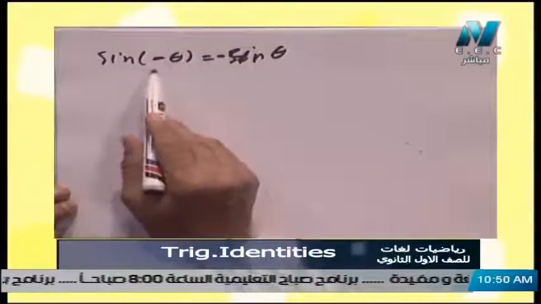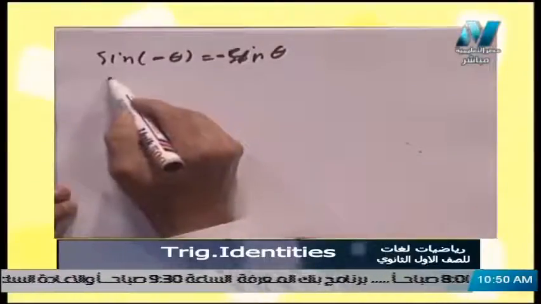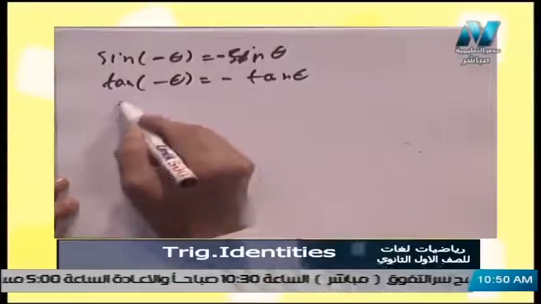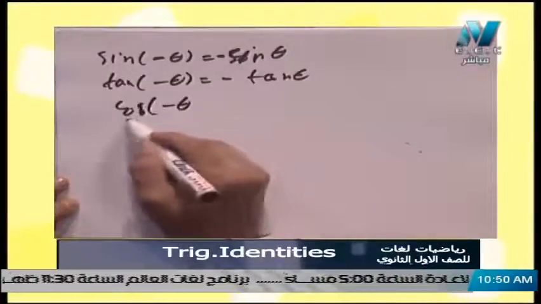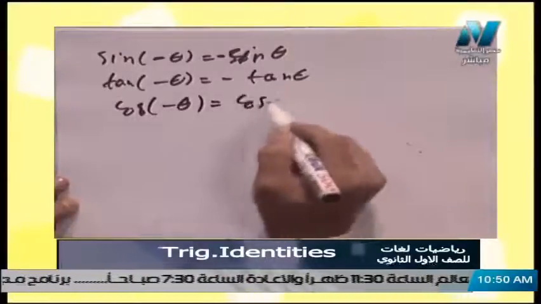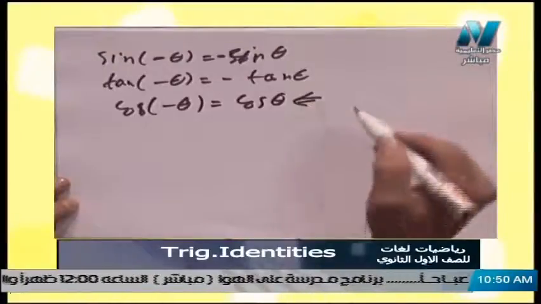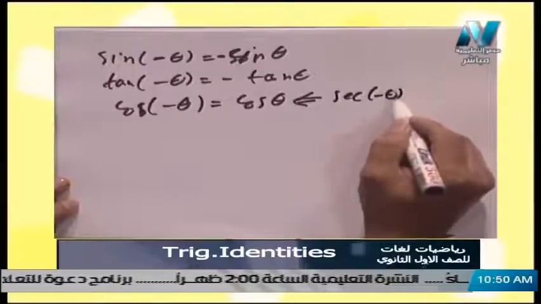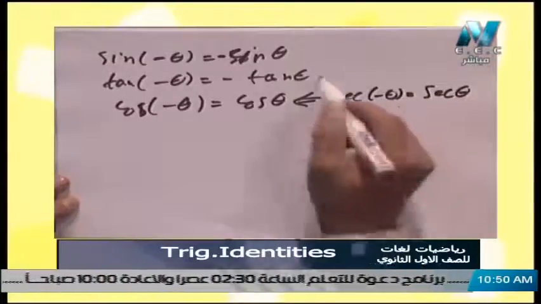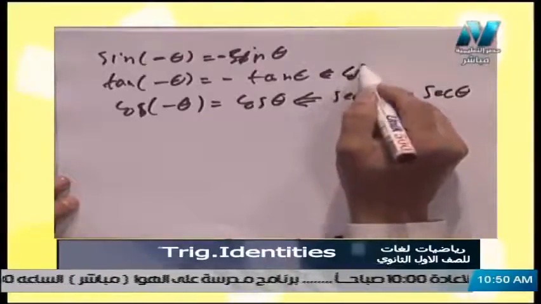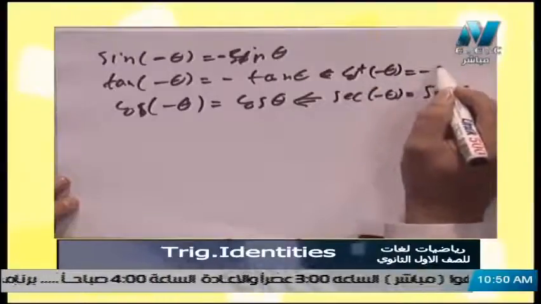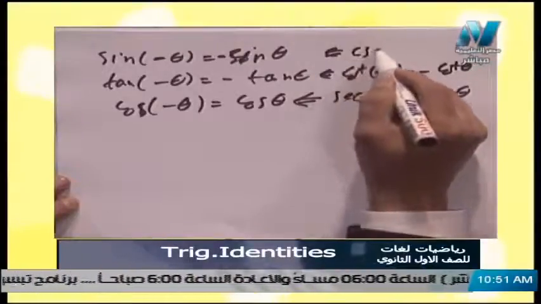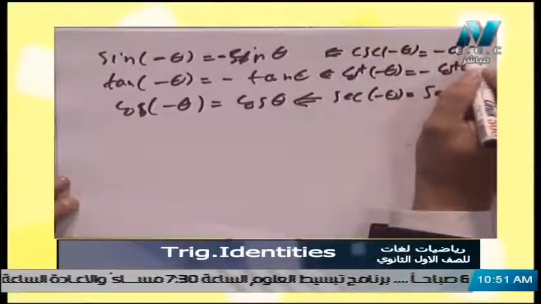Tan of negative theta equals negative tan theta, but cosine of negative theta will be positive, equal to cosine theta. And of course the reciprocals: sec of negative theta equals just sec theta, cotan of negative theta equals negative cotan theta, and cosec of negative theta equals negative cosec theta.